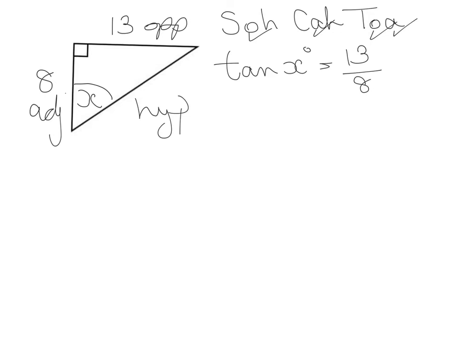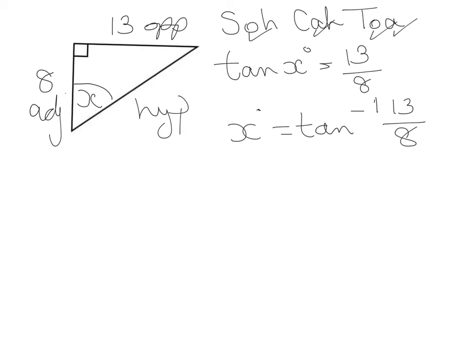So filling in what we know, the tan of x degrees is equal to the opposite over the adjacent, which is 13 over 8. So because we're trying to find an angle this time, we have to use the inverse of tan. So in your calculator, you're going to press Shift tan, and we're going to rearrange it. So this is how we rearrange it. Remember, this little -1 here means the inverse function of tan.